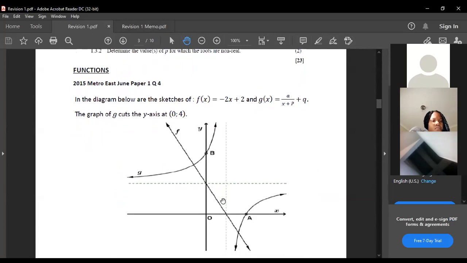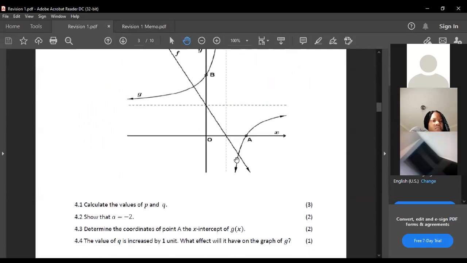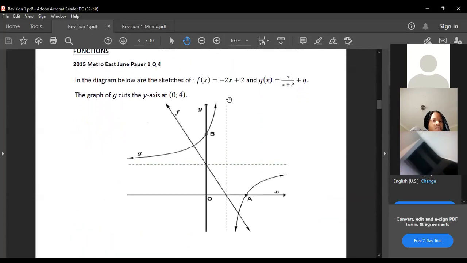Okay, functions. With that question on functions there, I hope everyone has it in front of them. Now, with functions, this is a hyperbola.